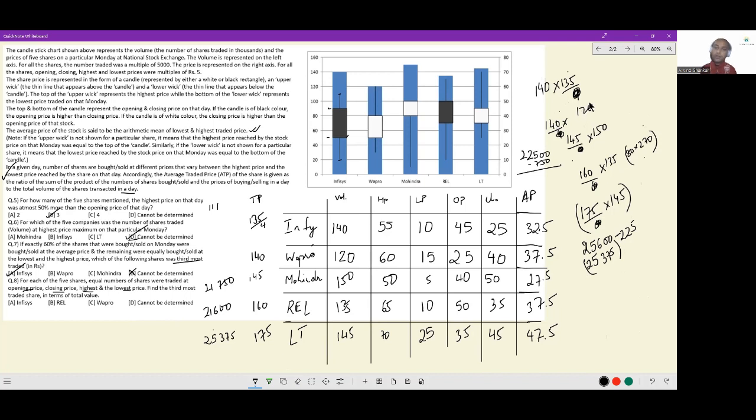Then 140 into 120 is the simplest, 16800. And 140 into 135. 13 into 14 is 182. 130 into 140 is 18200. 140 into 5 is 700. So 18900.